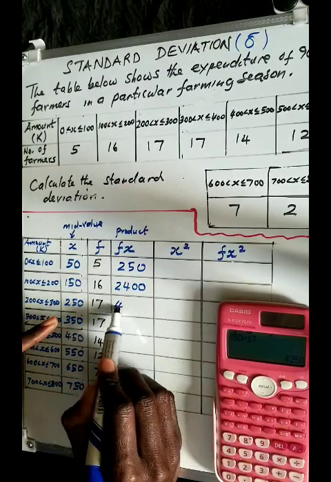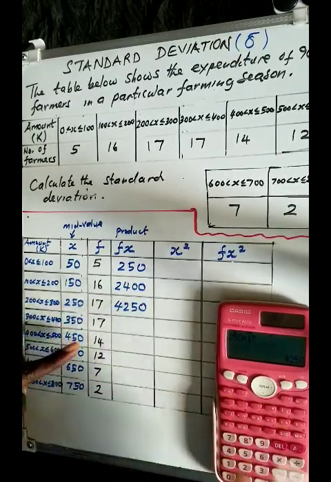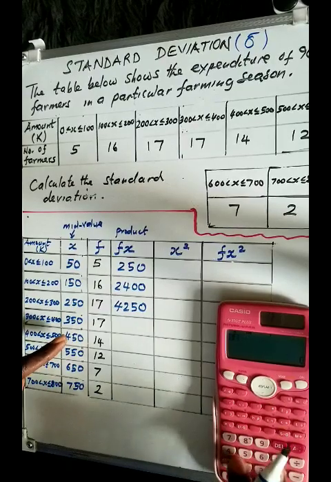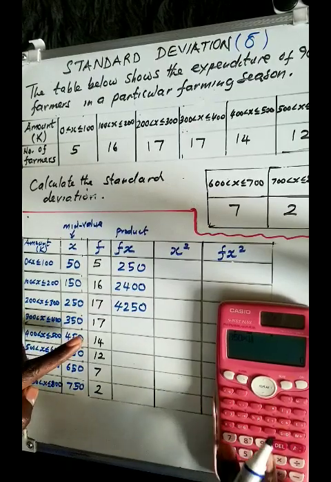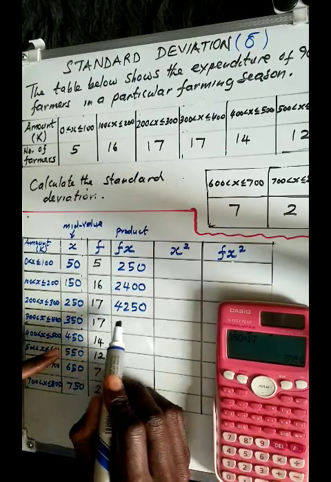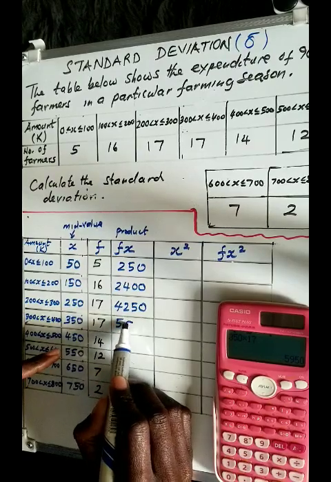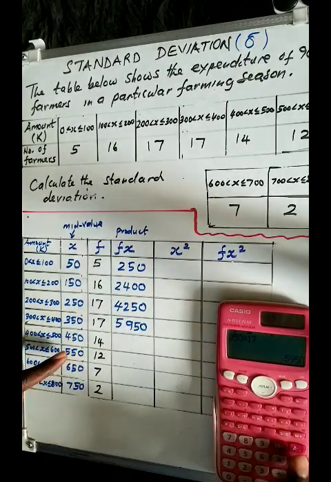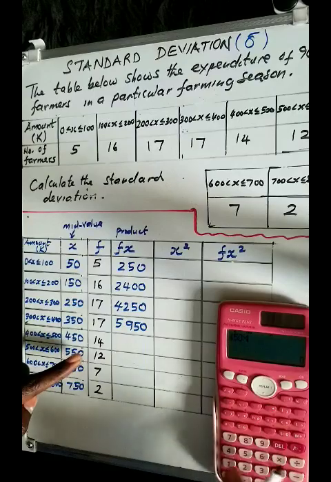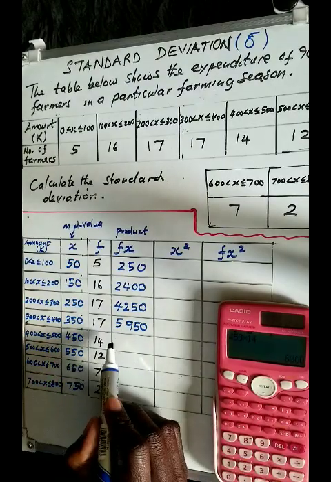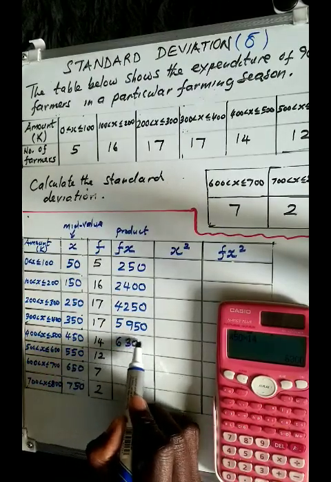That will give you 4,250. Then 350 multiplied by 17 is going to give me 5,950. Then I go to 450 multiplied by 14, so that will give me 6,300.